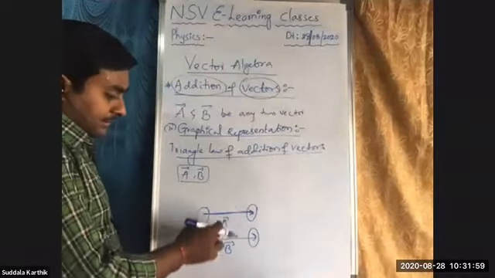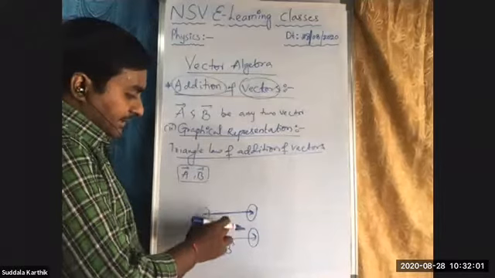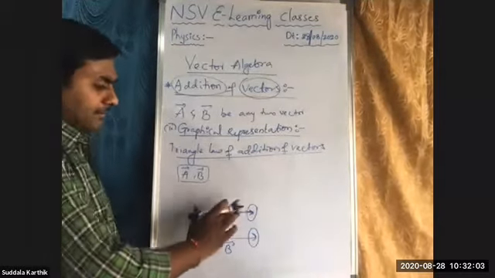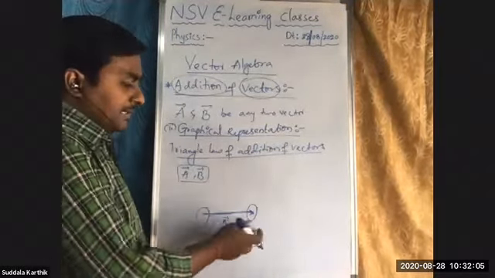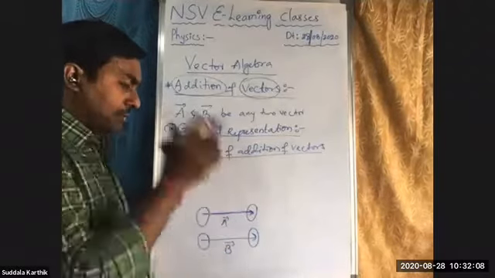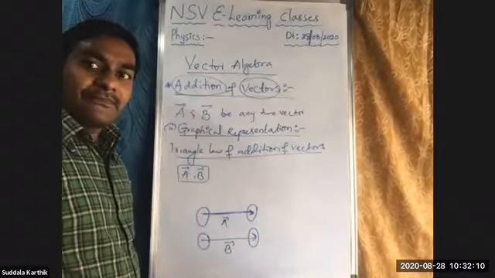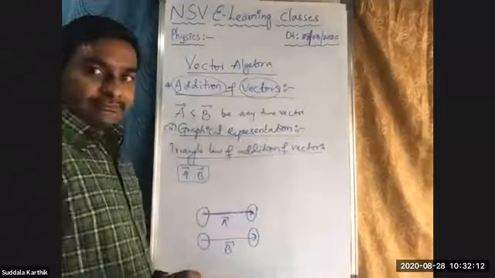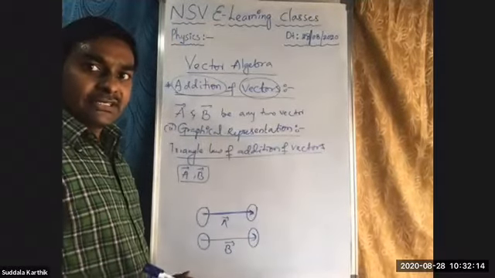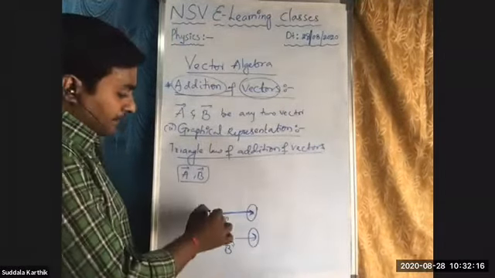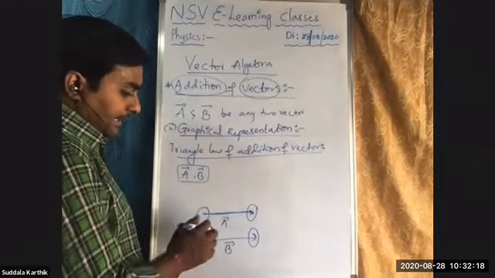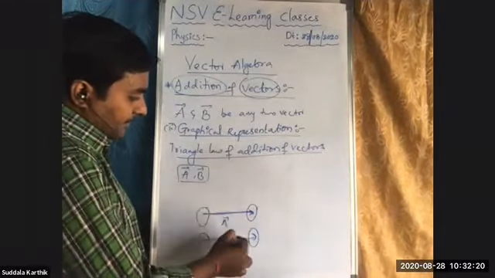These two vectors, vector A and vector B, they have given like this in the graphical representation. Please add those two. After adding those two vectors, you get which diagram, the resultant diagram. Questions like that will be there, Nana. For that purpose, you simply have to take this A bar vector and this B bar vector.